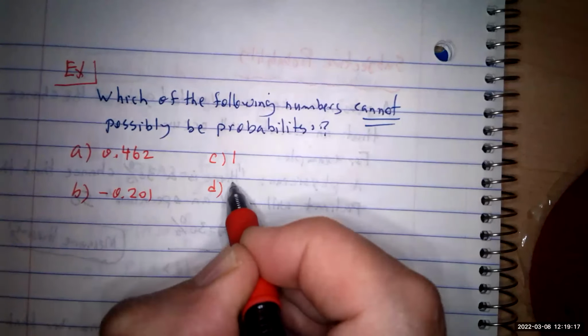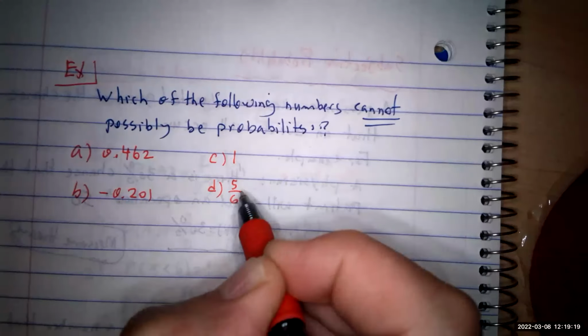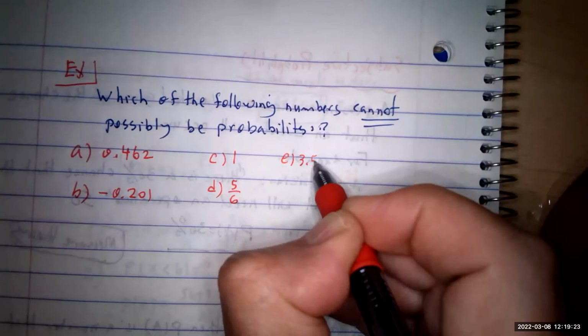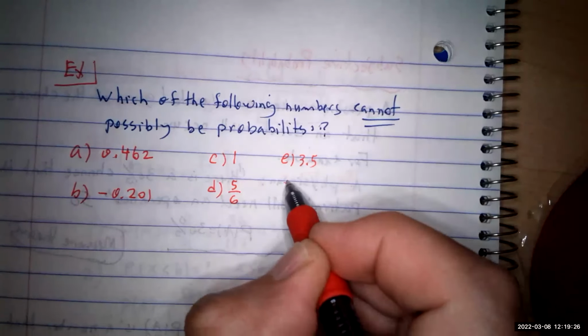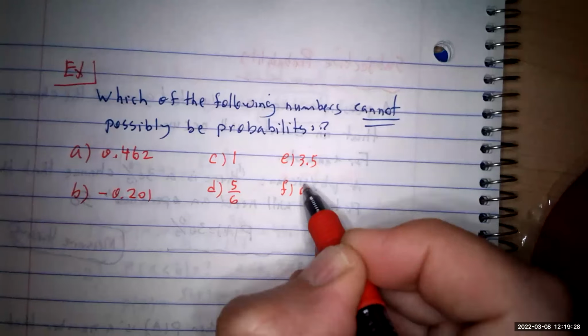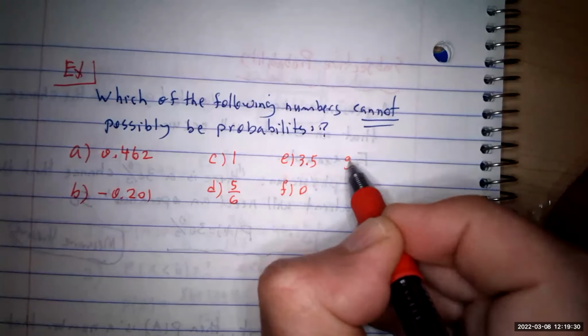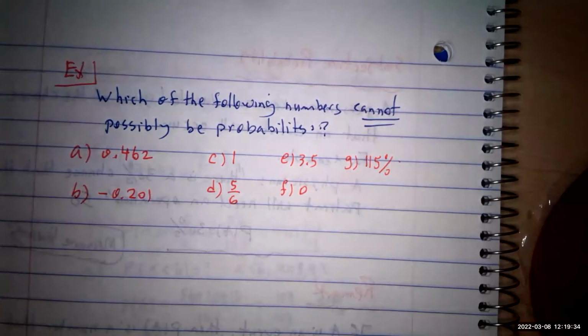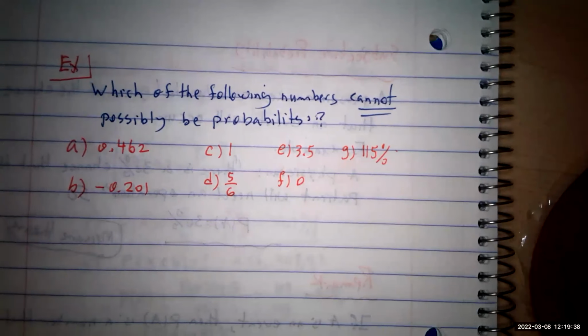The fourth number is 5.6. The other number is 3.5. This one is 0. And the last one is 115%. Remember, a probability must be a number between 0 and 1.